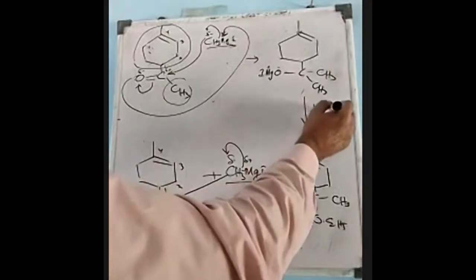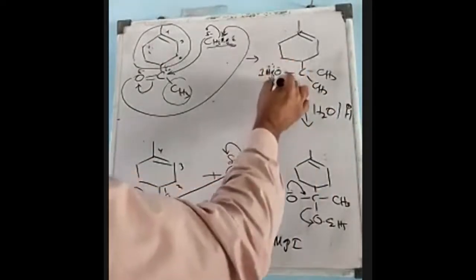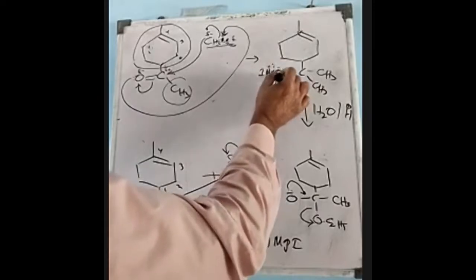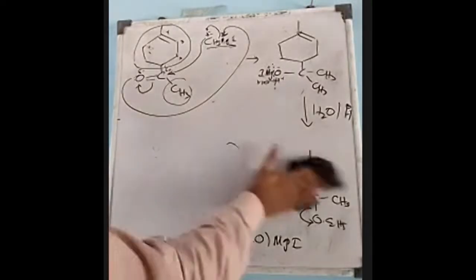When this undergoes acidic hydrolysis, the hydrolysis takes place at this point, H positive on this side, OH on this side. Again I am reminding you, this is a ketone. When a ketone reacts with any Grignard reagent, a tertiary alcohol is produced.